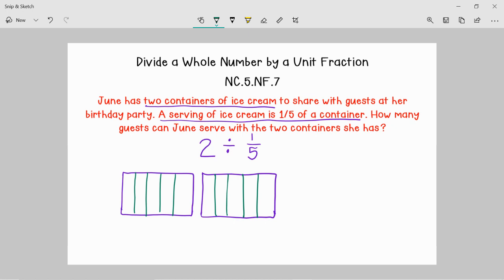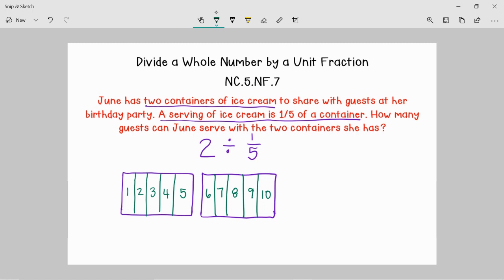And now I need to count how many fifths we have. So 1, 2, 3, 4, 5, 6, 7, 8, 9, 10. And so this shows me that June would be able to serve 10 guests. She has 2 containers, and 1/5 of a container is a serving.